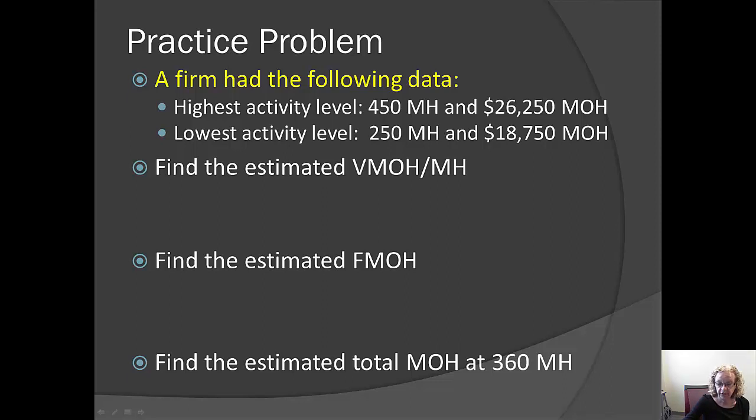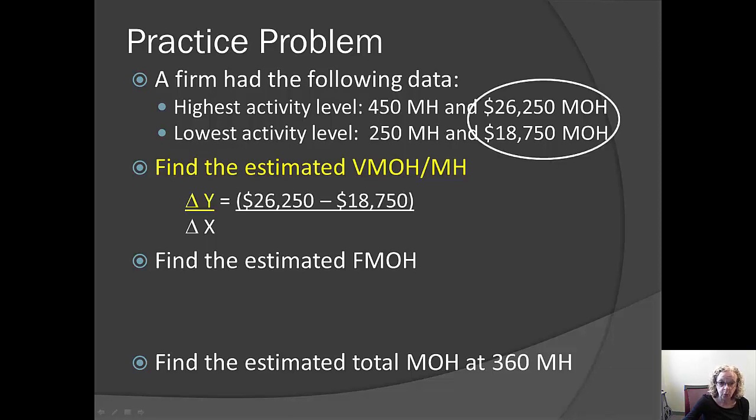We're given some information about a firm. Your first job is to determine the estimated variable overhead per machine hour for this firm. We know that the basic formula for the slope of a line is the difference in y divided by the difference in x.